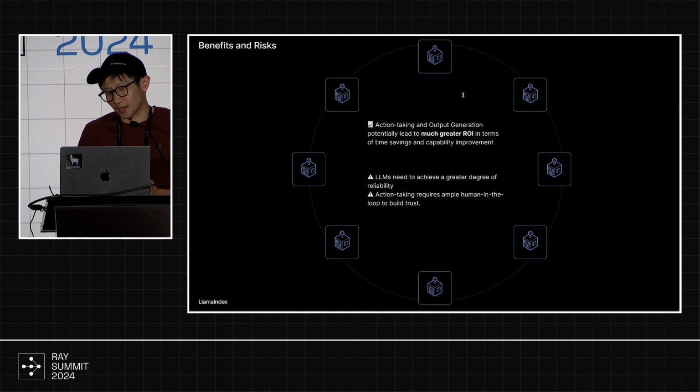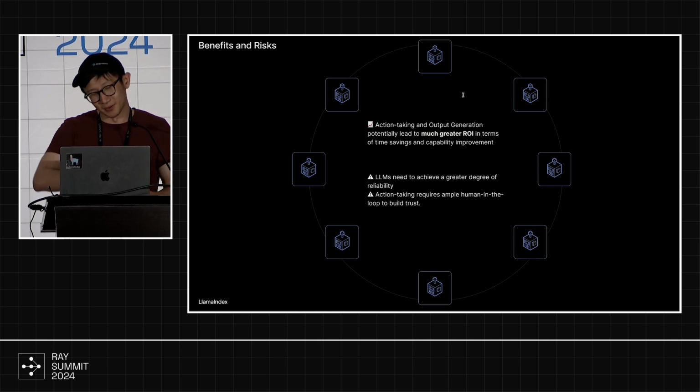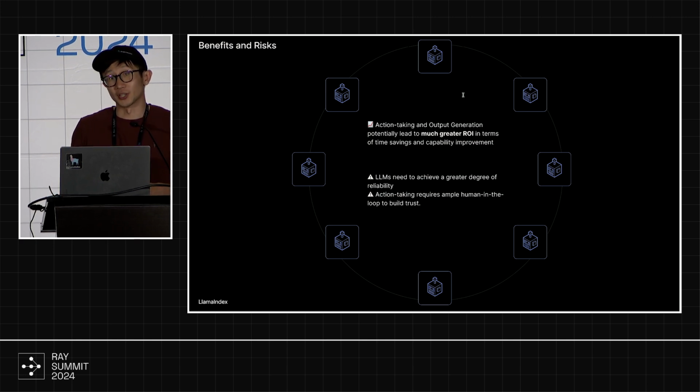And actually, I think this is a good place to stop, I think I'm basically out of time too. So I'll stop at this section. But the high-level idea is that by combining agentic reasoning or agentic architectures with thinking about how you're going to actually solve the problem for the end user, as opposed to just building a chatbot, we think this leads to much higher ROI for the end user.